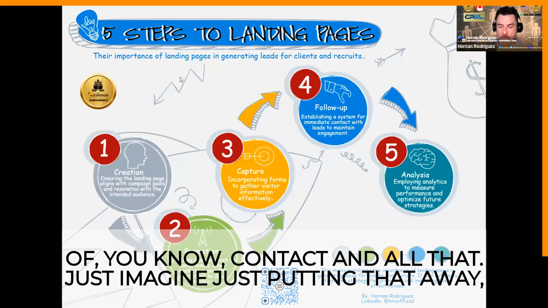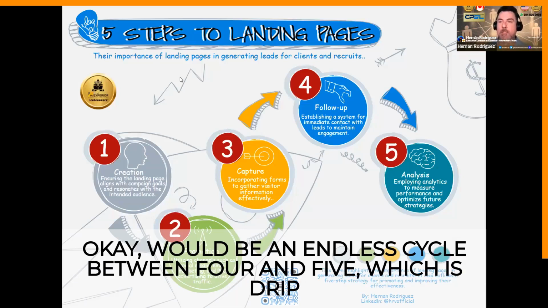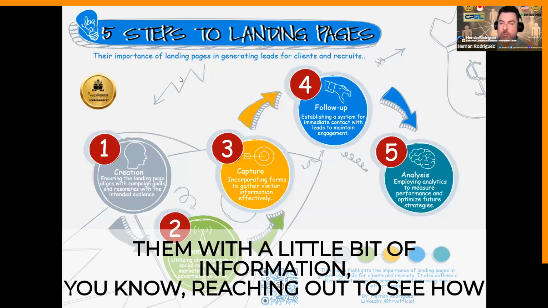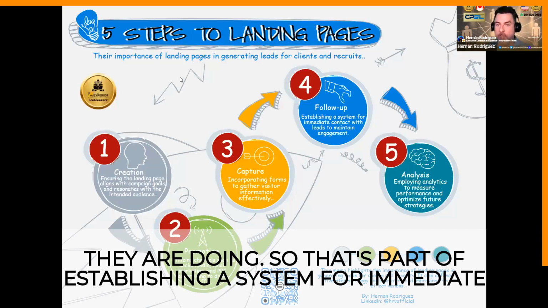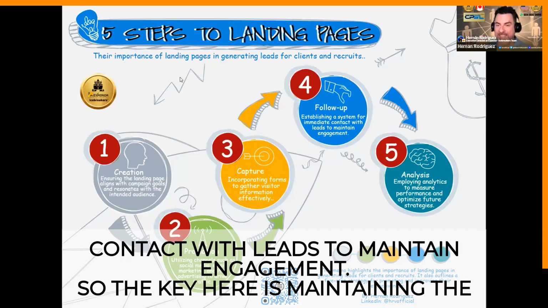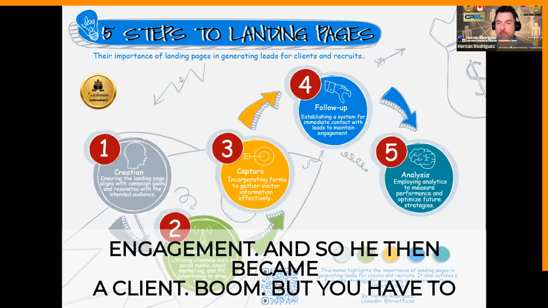It would be an endless cycle between 4 and 5, which is dripping a little bit of information and reaching out to see how they are doing. So that's part of establishing a system for immediate contact, which leads to maintaining engagement. The key here is maintaining the engagement.